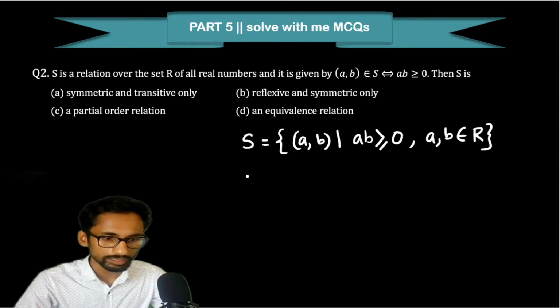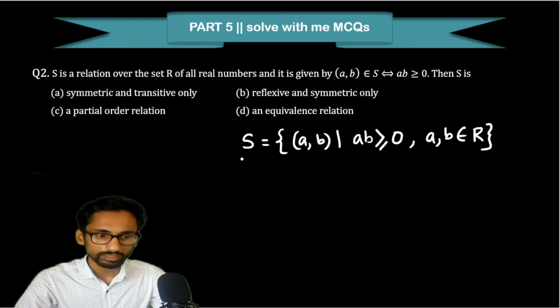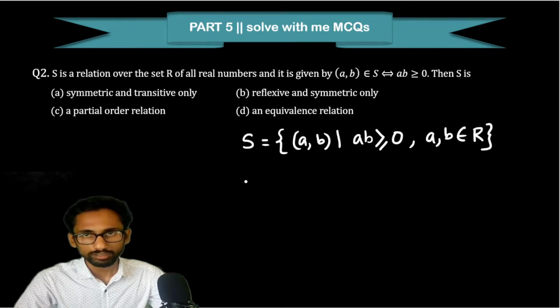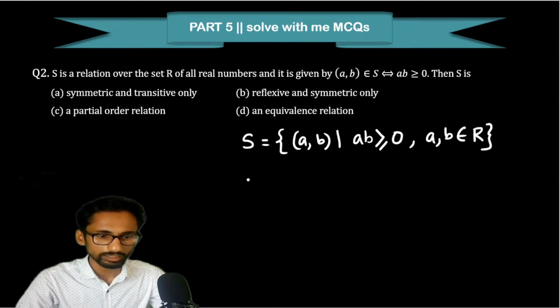Now we'll check whether this given relation S is reflexive, symmetric and transitive or not. If we take any real number, for example a, it can be positive or negative, anything. If it is positive, then a into a is always greater than or equal to 0.